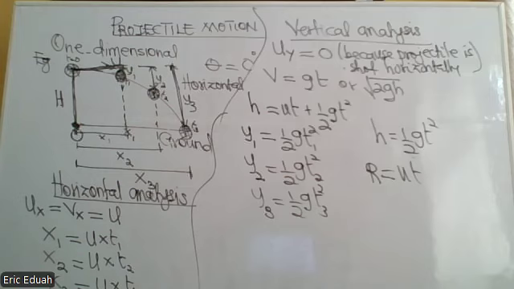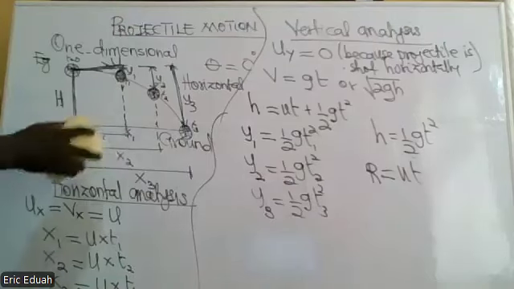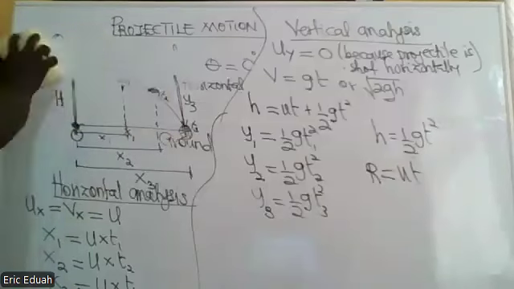So how far away from the tower on the ground does the ball hit? Anyone to share answers? 6 meters. Come again. 106 meters.